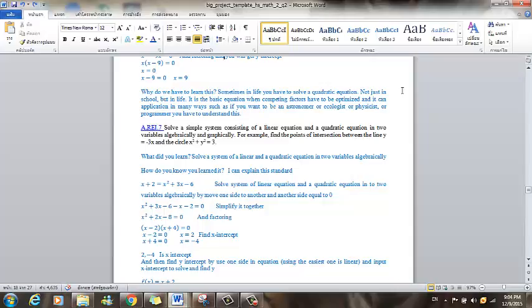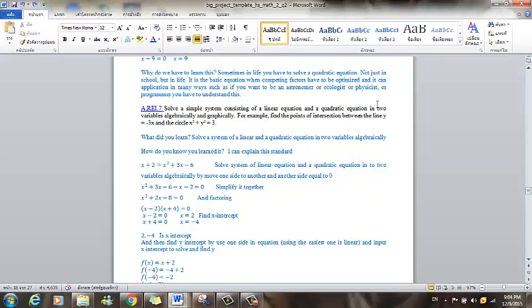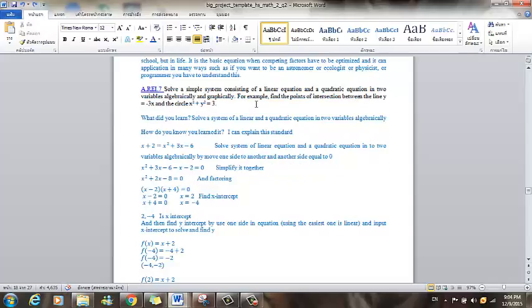It's the basic equation, and it can apply in life in many ways, such as if you want to be an astronomer, ecologist, physicist, or programmer, you have to understand this too.